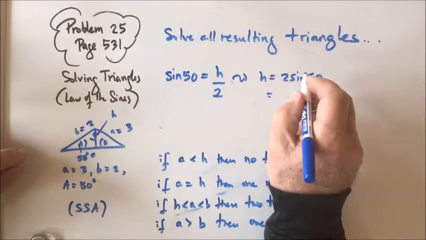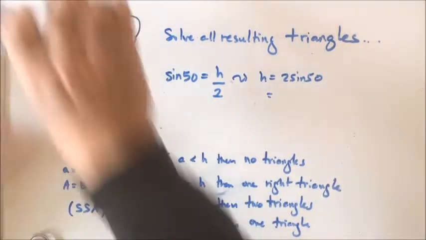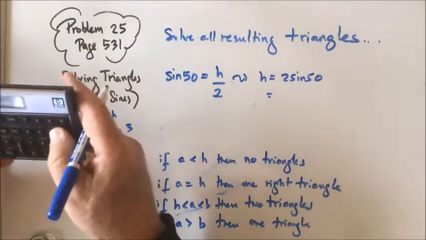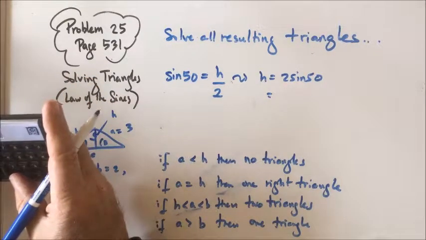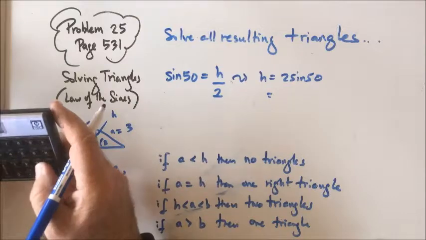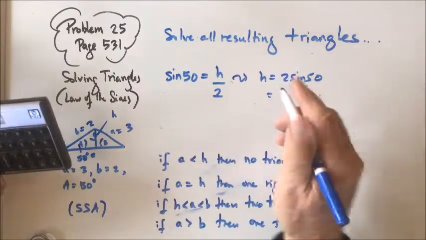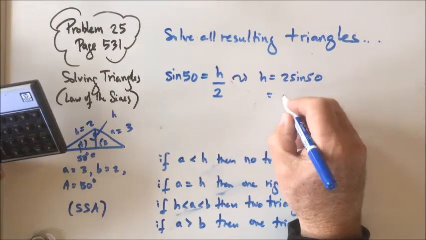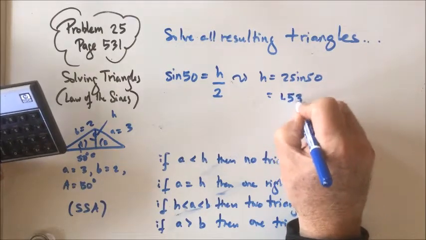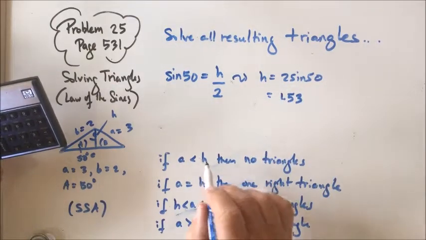Get my calculator, here comes a 50 degrees coming at you, there's a sine, and I'm going to multiply by 2, and I'm going to get that H is equal to 1.53. So H is 1.53.